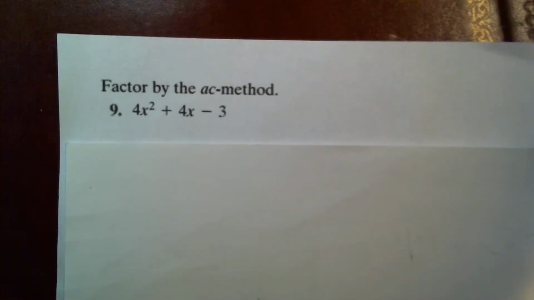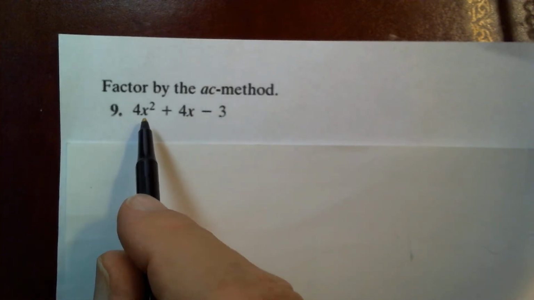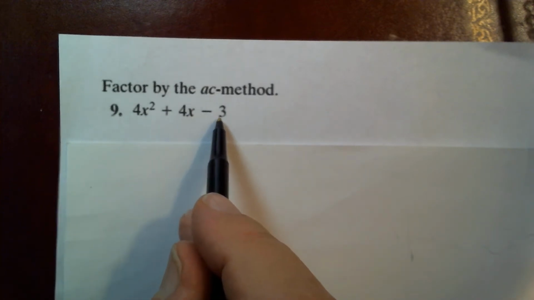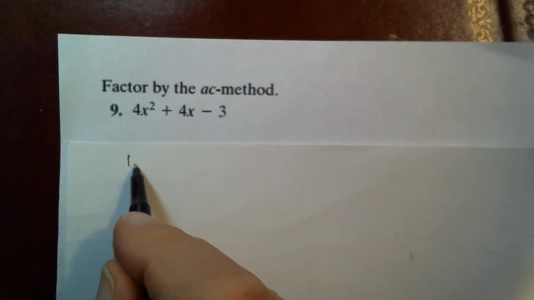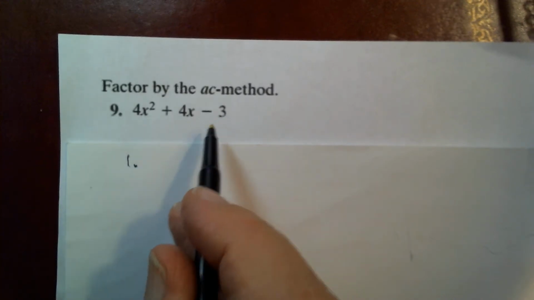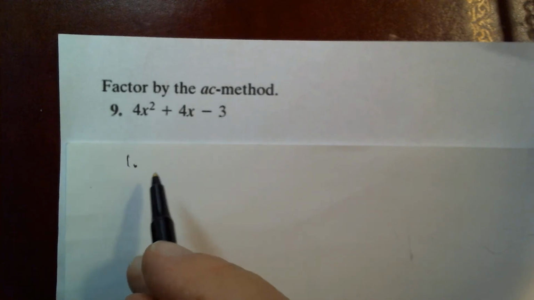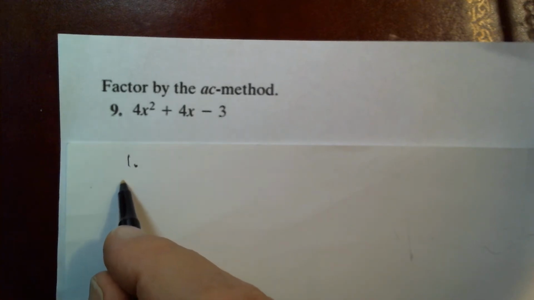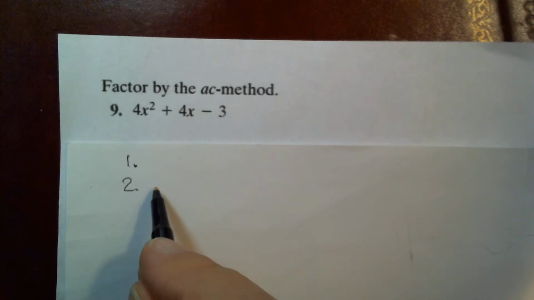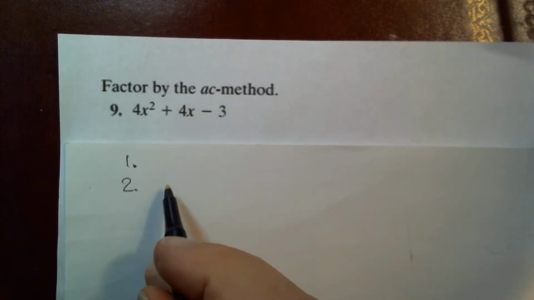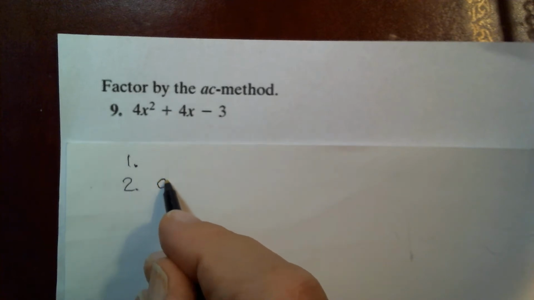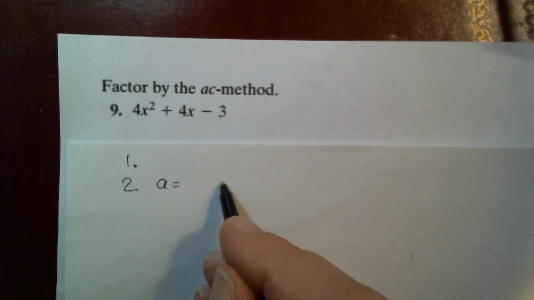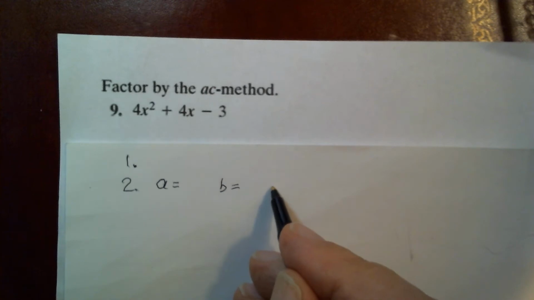So let's use the AC method on this trinomial, 4x squared plus 4x minus 3. Step 1 was to factor out any greatest common factor, and there is none other than 1, so we don't need to do that. Then the second step would be to find A, B, and C. I always recommend to write down specifically what A and B and C are.